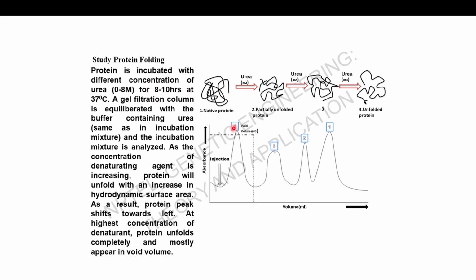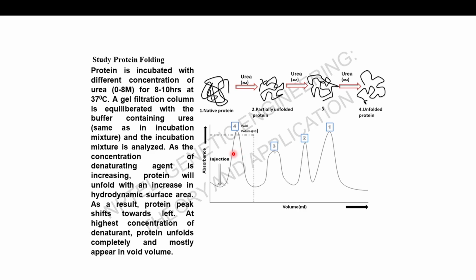We can study protein folding using urea, like how much your protein has denatured. We can always infer from the peaks in the chromatogram. The completely unfolded protein will elute the fastest because of its larger overall hydrodynamic radius.